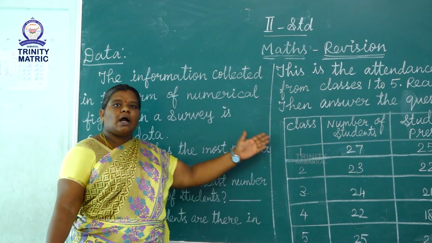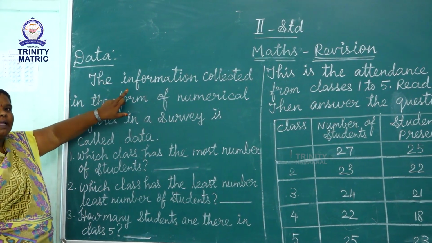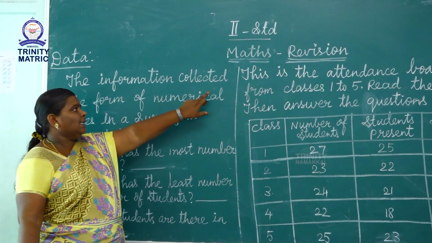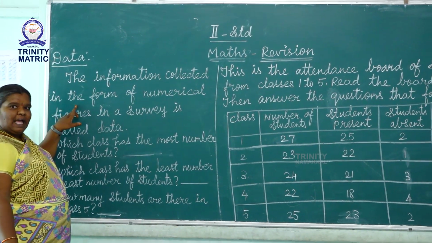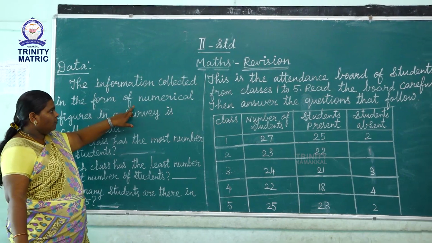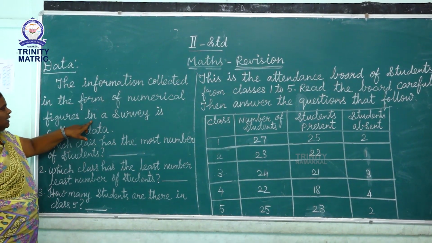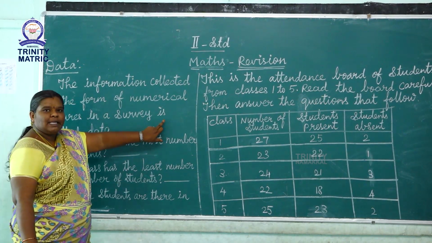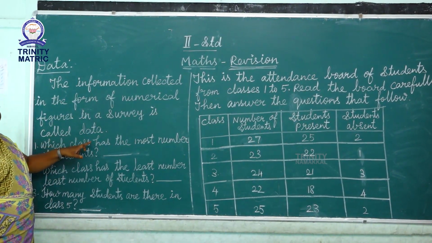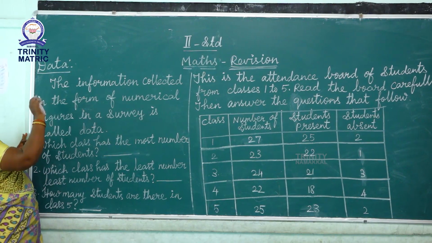What is data? The information collected in the form of numerical figures in a survey is called data. I say again, what is data?